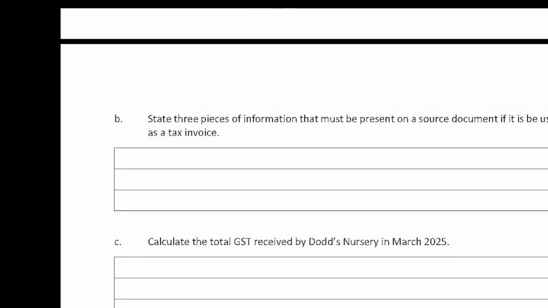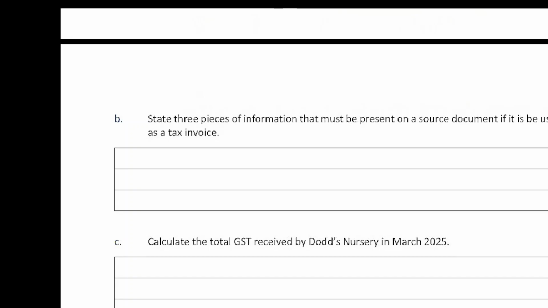For example, one debit entry without a corresponding credit entry.